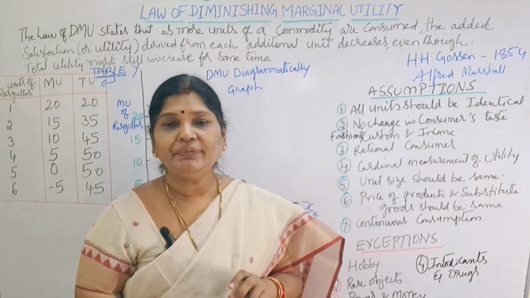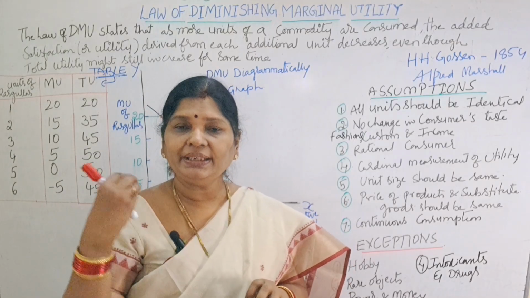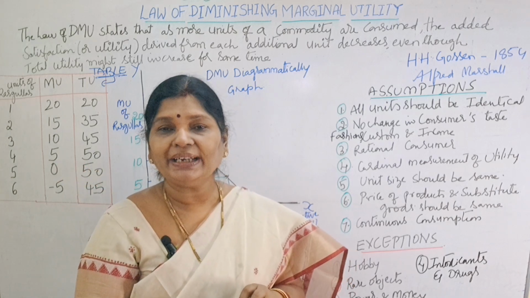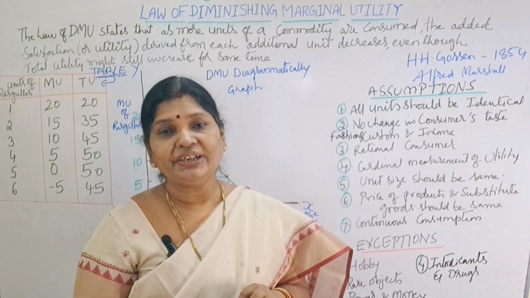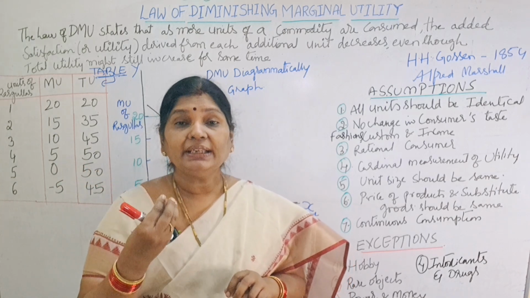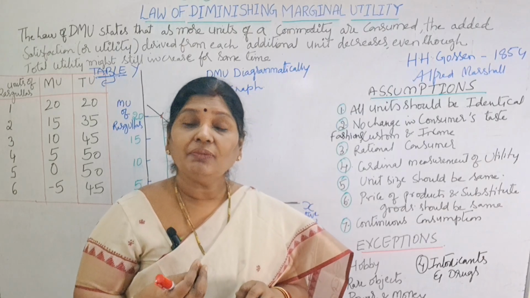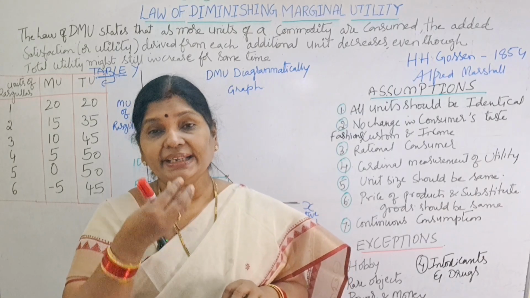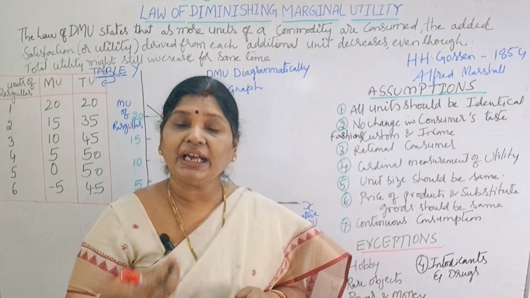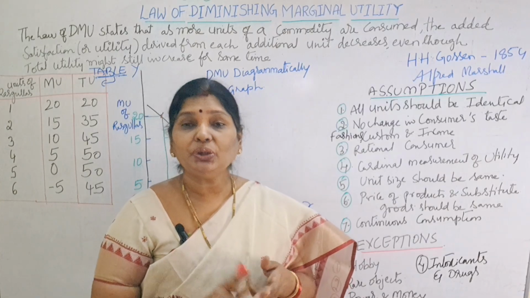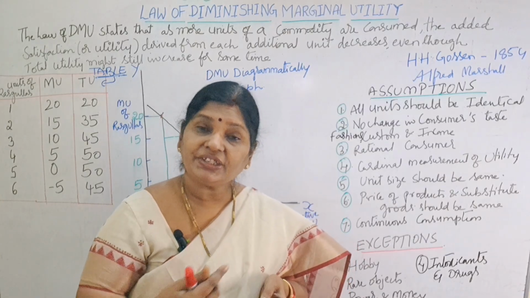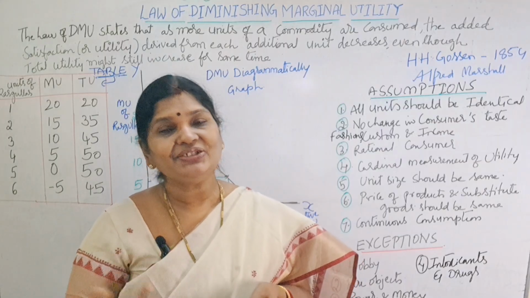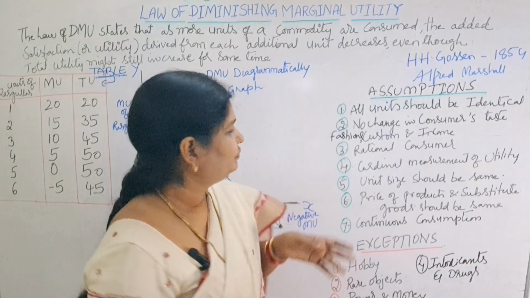For example, if we are applying this law on a particular consumer and checking his marginal utility, he should have that rationality to observe his taste and how much satisfaction he is deriving. He should have that knowledge. He should be able to judge what satisfaction he is gaining out of each unit of rasgulla, right?